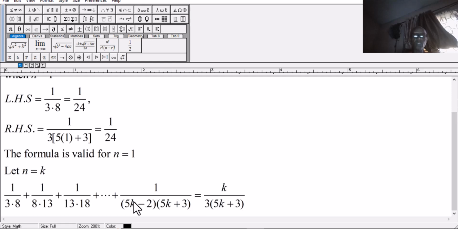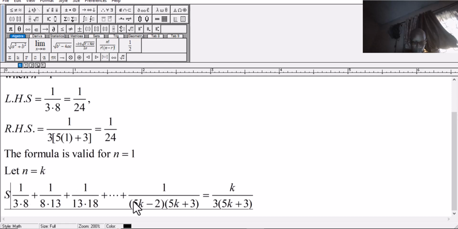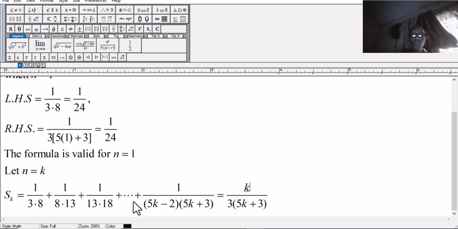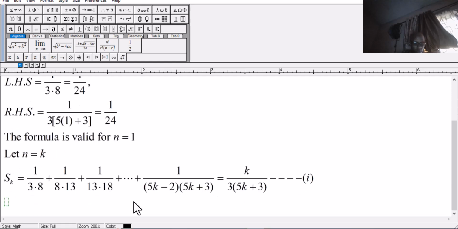Change this to k. So let's assume that. So let's term this 1. So for n equals k plus 1, we are now moving a step further for the k plus 1 term.